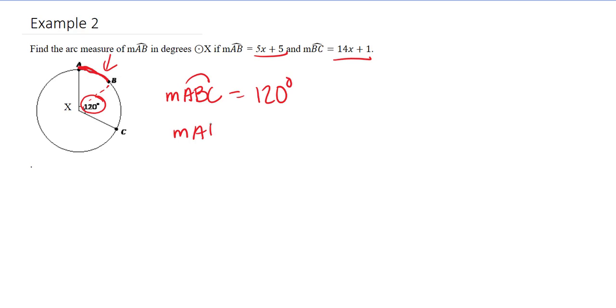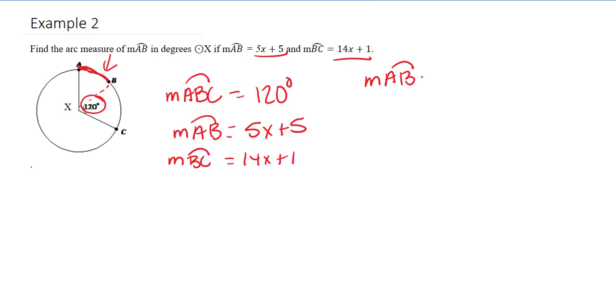So we know the arc measure of AB is 5x plus 5, and we know the arc measure of BC is 14x plus 1. So if we add up the smaller arcs, it's going to be equal to the larger arc. So let's substitute in all these values.